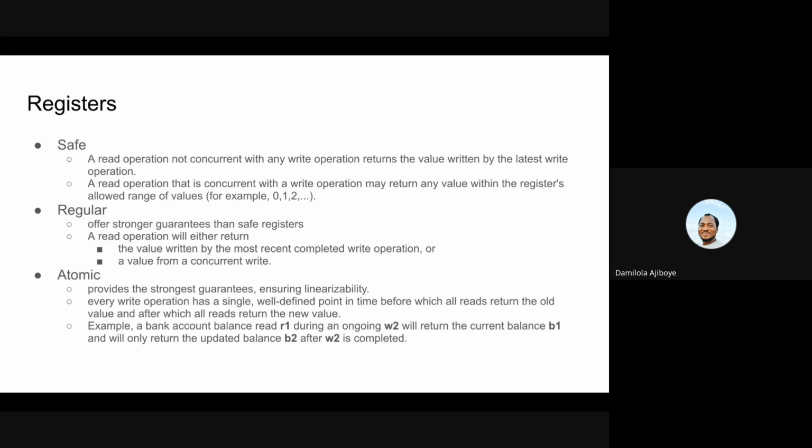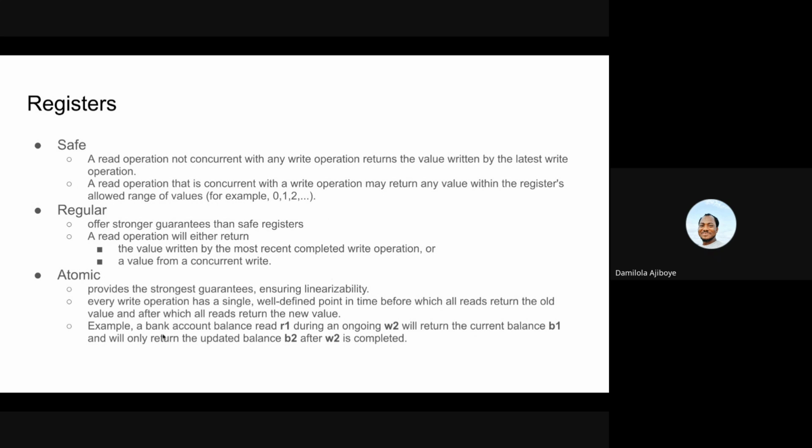Unlike regular, where if there's a concurrent write we can see either the most recent completed write or the concurrent one, in atomic you don't observe the side effect of the concurrent write until it crosses a particular point. Any read before that point would always return the recent completed write, and any read after that point would always return the value written by the write operation.